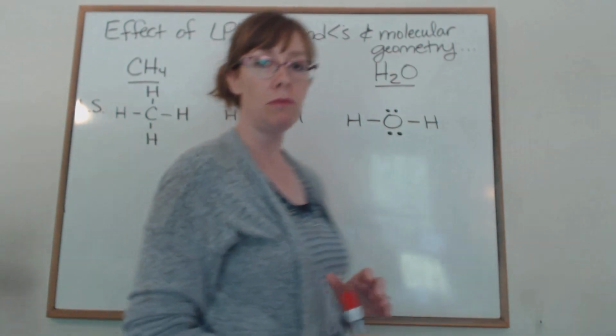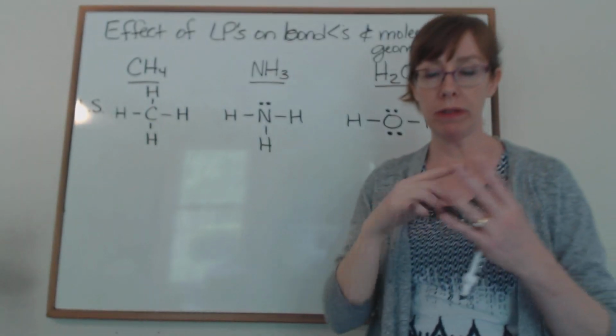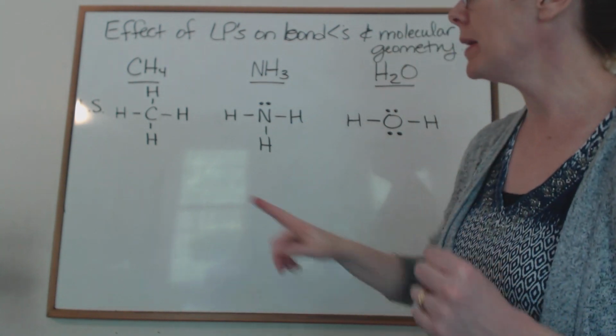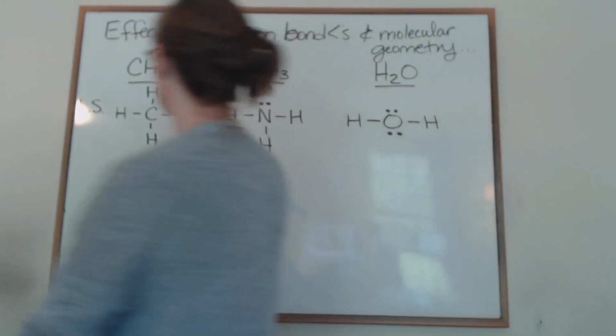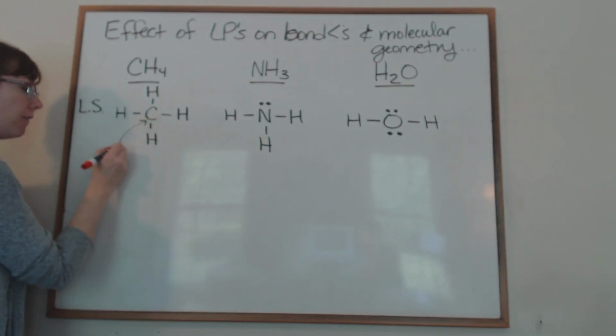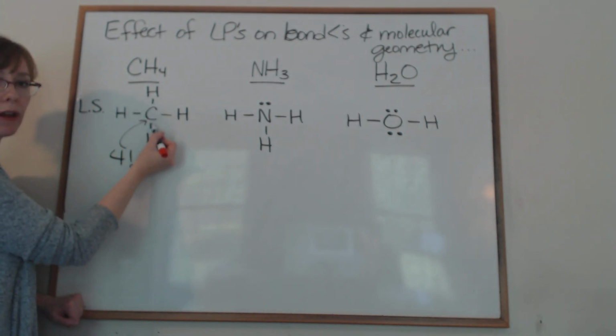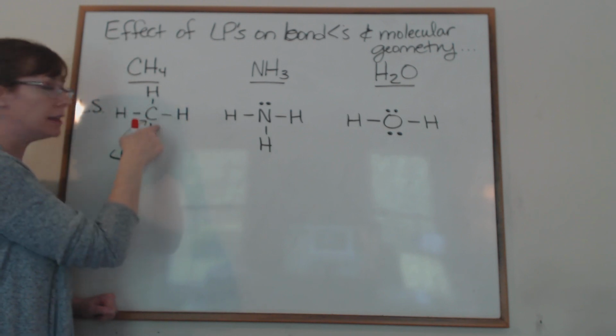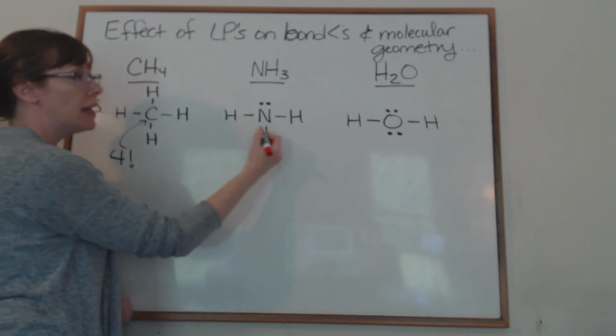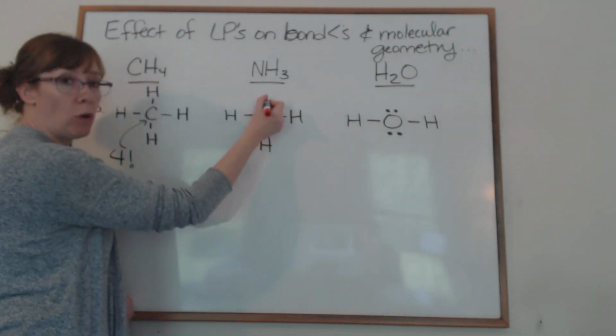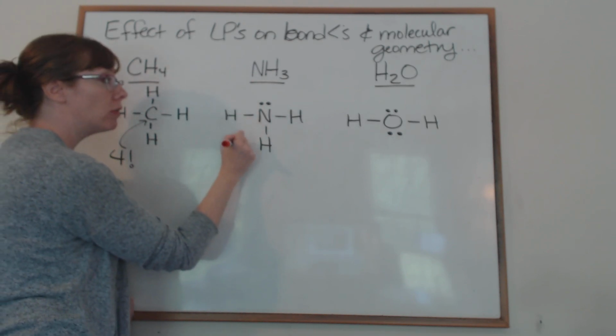What you will notice about all 3 molecules is that they have something in common. All 3 have 4 electron groups around the central atom. The carbon does, and they all come in the form of bonds. It has 1, 2, 3, 4. Remember, lone pairs count.